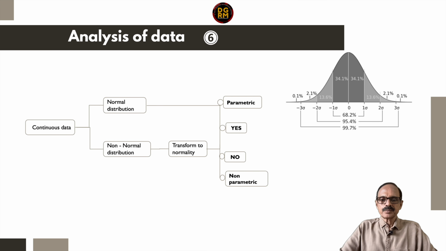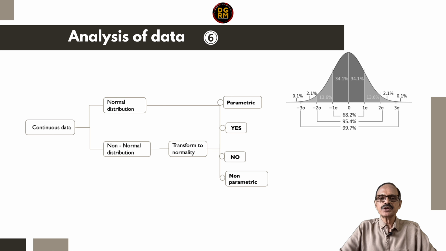To continue, before we go for analysis, we should find out whether our continuous data is following normality or not. For this, the Shapiro-Wilk test and Kolmogorov-Smirnov test are used. After using this test, if your data is following normal, then you can go for a parametric test.